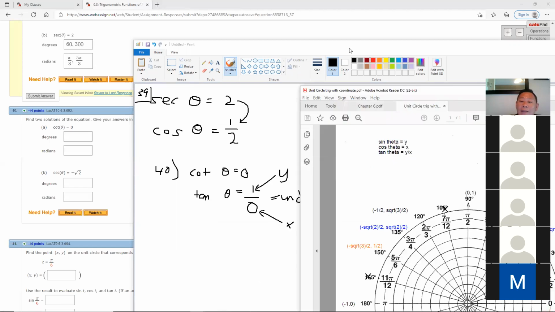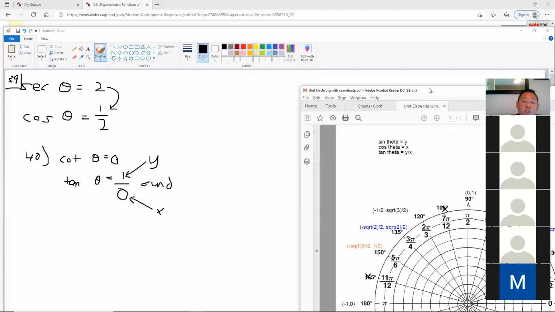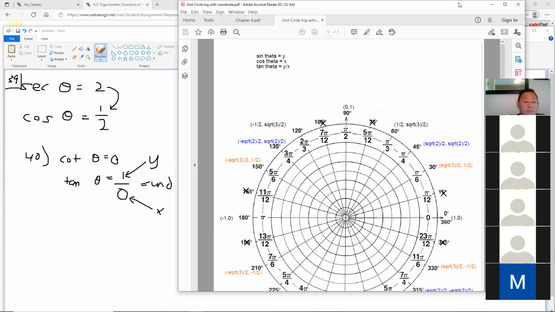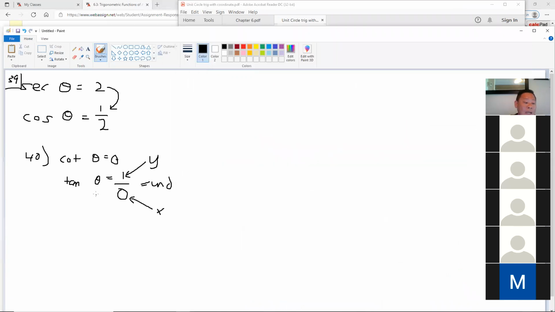So if you look at this unit circle, can someone tell me which angle gives us y value is 1 and x value is 0? Zero or 360? That will be wrong, because don't forget, this is x and this is y. 90. So 90 is correct.